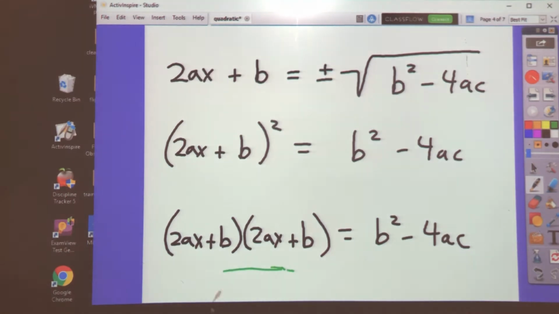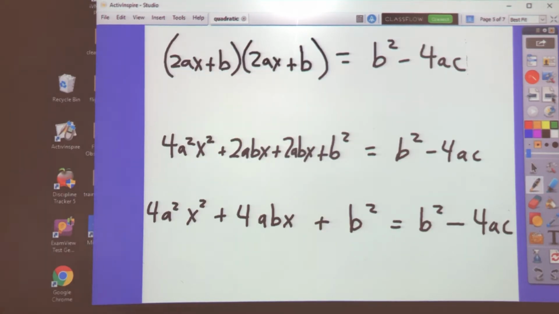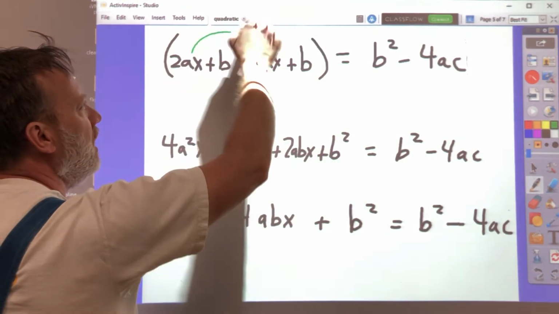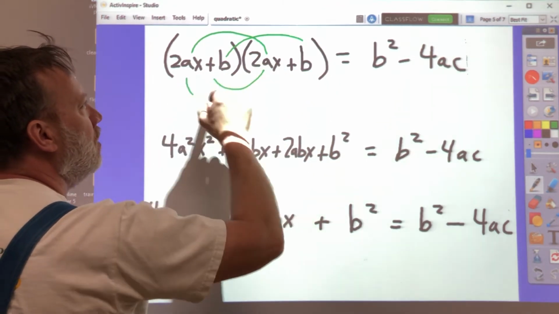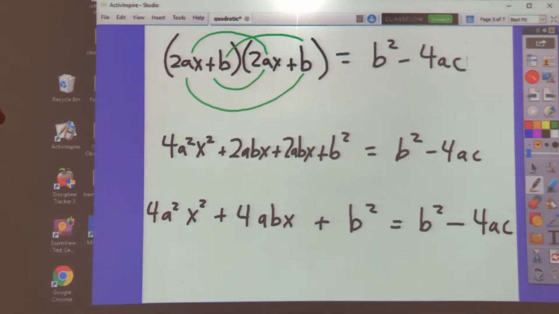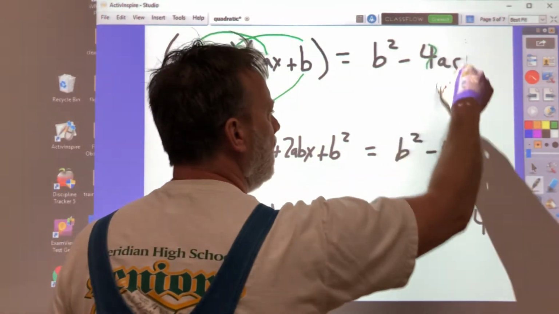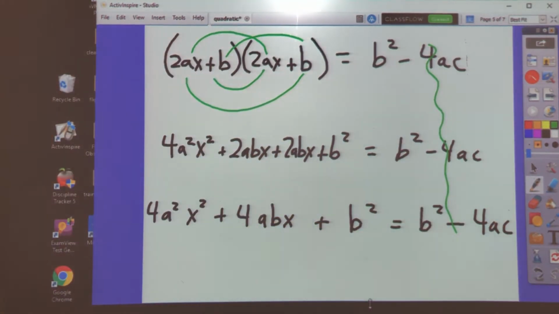So we're going to run a binomial. So up at the top we have it, so let's expand that. We're going to multiply these two, multiply these two, multiply these two, multiply these two. Nothing's happening over here on this side. It's just sitting there waiting.